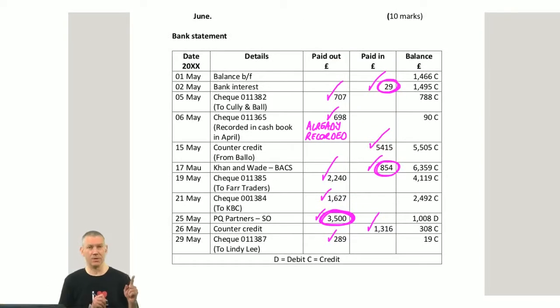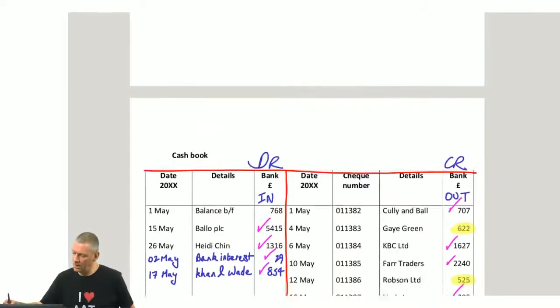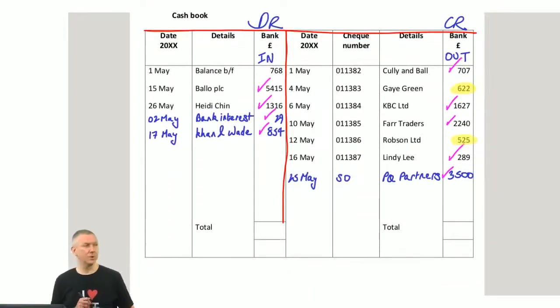We have made the payment from a cash book point of view, but the bank statement has not accommodated these two cash outflows, because the bank haven't seen these checks yet. They don't even know they exist. So those two in yellow are fine, but we're not quite finished yet.